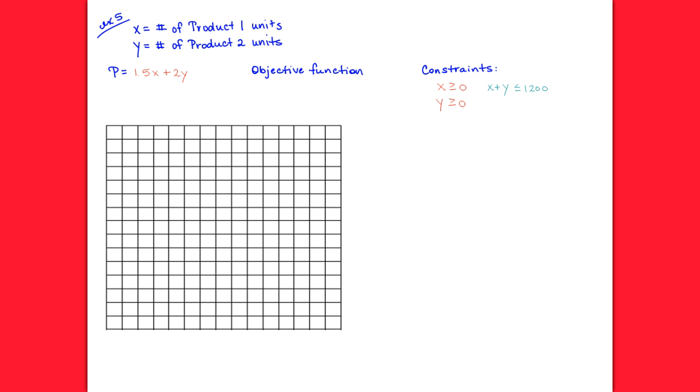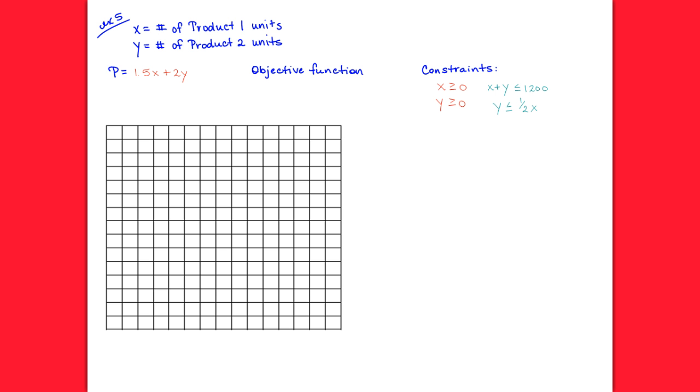All right, number 2 says the demand for product 2. How could I represent that? Y. The demand for product 2 is no more than? It has to be less than or equal to, right. Half the demand for product 1. 1/2 x. Perfect. So y is less than or equal to 1/2 x. There's my second constraint that they gave me in the book.